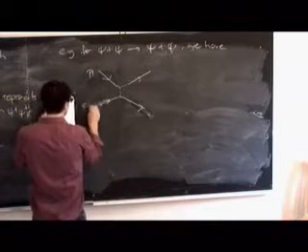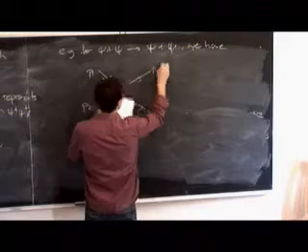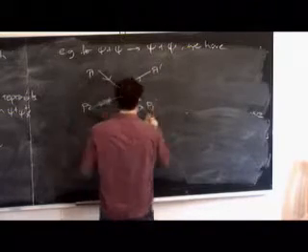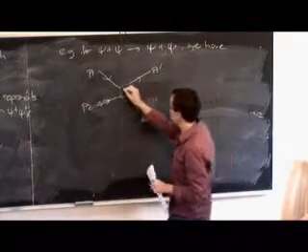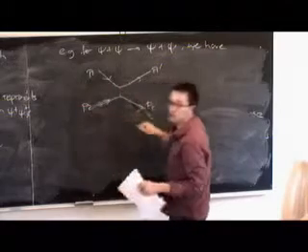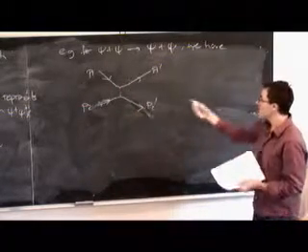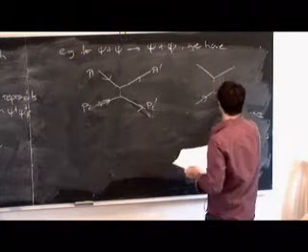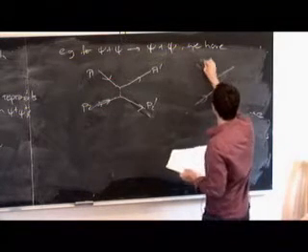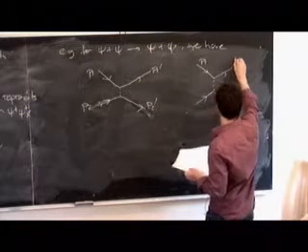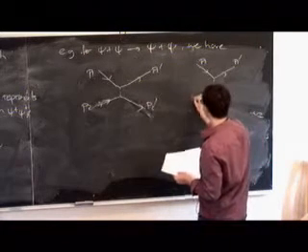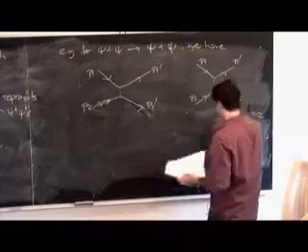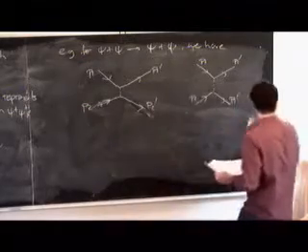I should also label these. It's useful to know which particles we're talking about coming out, so we'll label them with the momentum that we've chosen for those particles. So that's one way. There's another way which looks the same, but where just the labels have been switched.